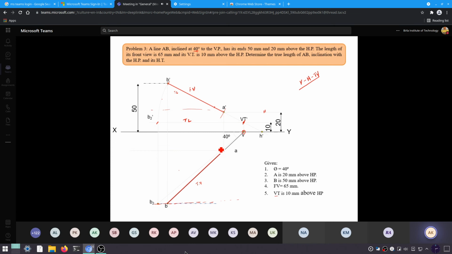And once we get the top view, so top view passes through V, and we make an arc from point A to over here to get their true length. Then we move it further. Sorry. Have you seen? What is the major drawback?